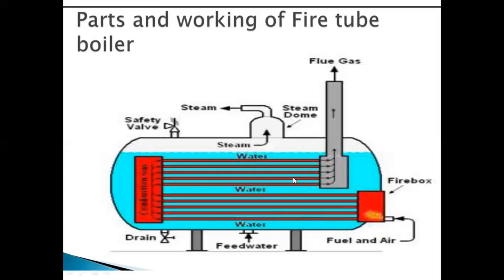Let us see the working of the fire tube boiler. Here we supply the fuel as well as air to the furnace. The combustion of fuel takes place inside the furnace, so it releases hot gases. These hot gases flow through the tubes.